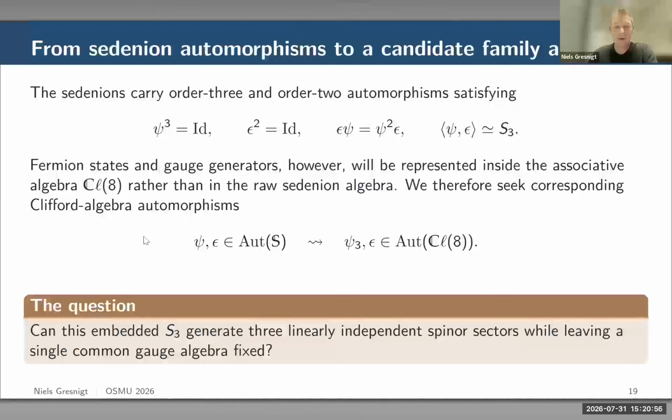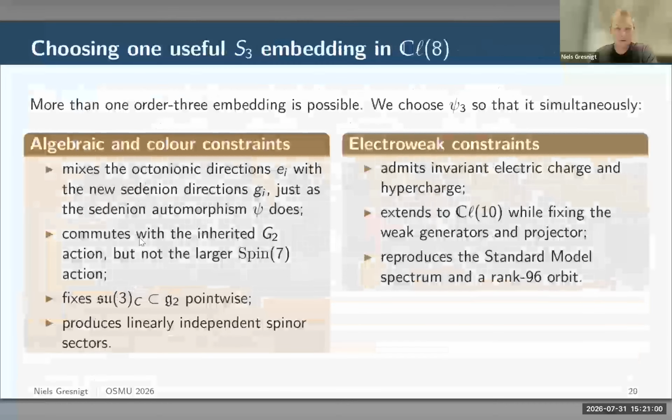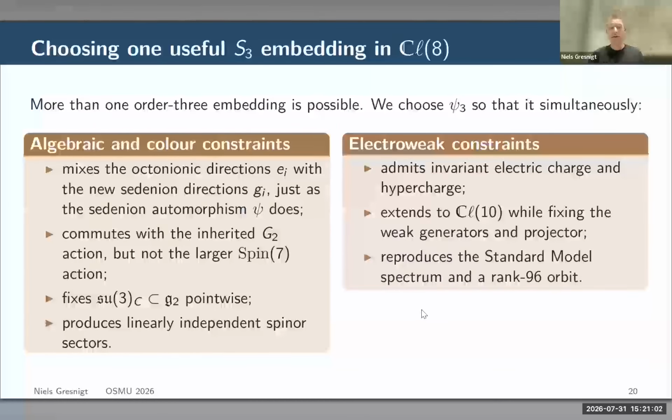So the question is, how do you do that? Well, it turns out that there's several different ways to do it. However, there are a few constraints for what I want to do.